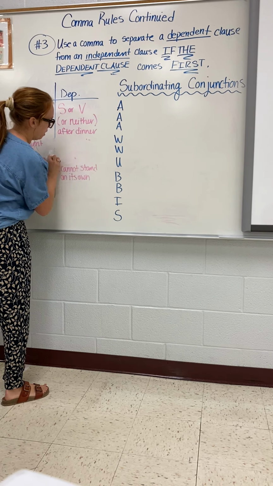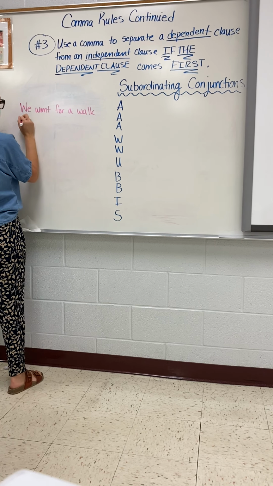You'll have to forgive me, guys, I don't have an eraser, so I'm using tissue. Okay, so let's record these examples together, okay? So I already said that after dinner was a dependent clause. So let's look at that in a sentence. We went for a walk after dinner.